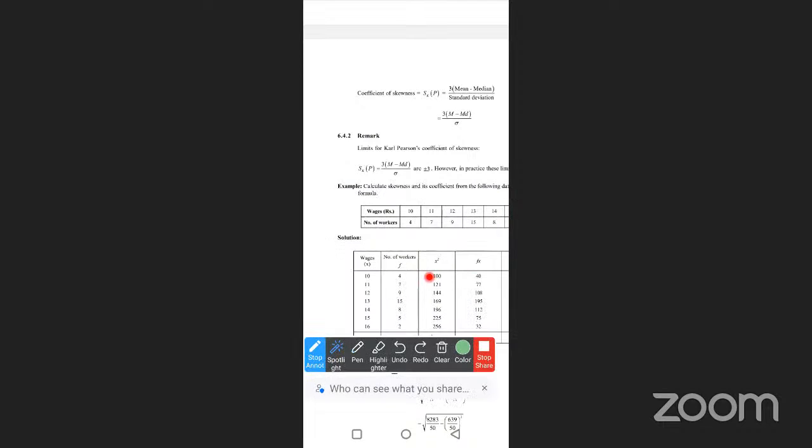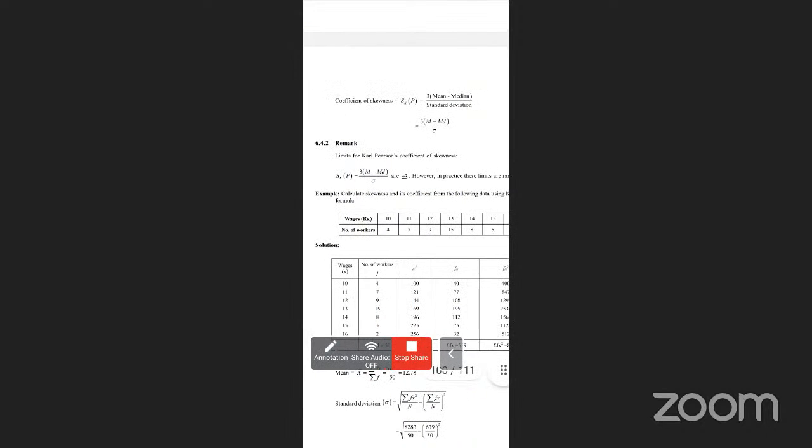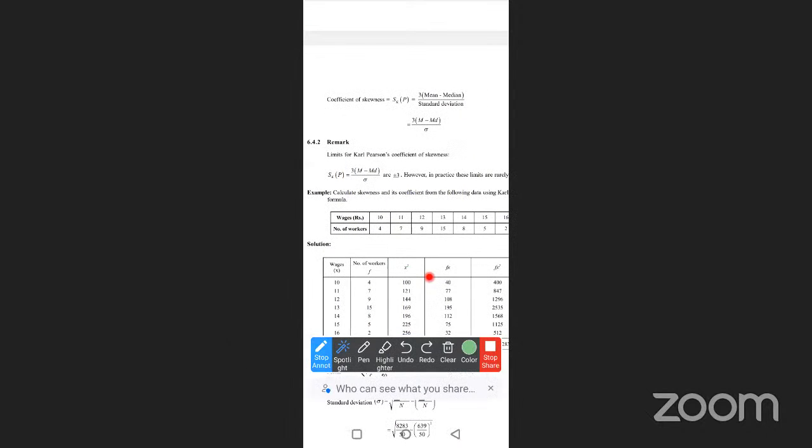The limit for Karl Pearson's coefficient of skewness is plus or minus 3. However, in practice, these limits are rarely attained. So Sk limits are plus or minus 3. Maximum is plus 3 and minimum is minus 3. It lies in between minus 3 to plus 3, but you should not exceed plus 3 or minus 3.